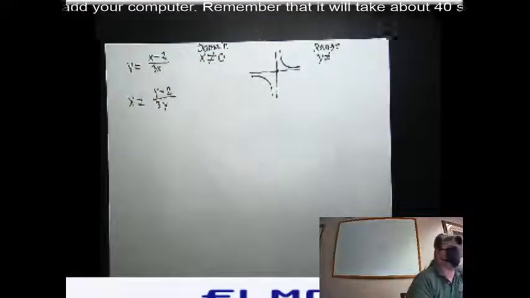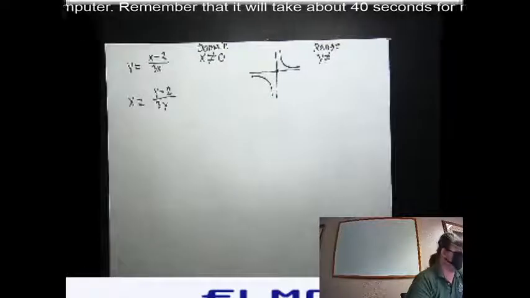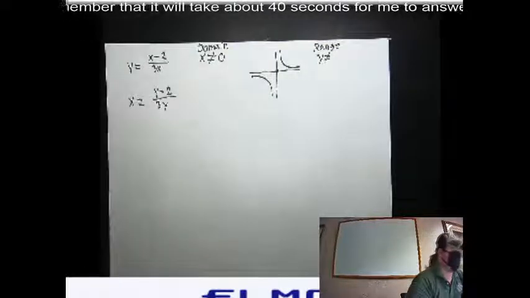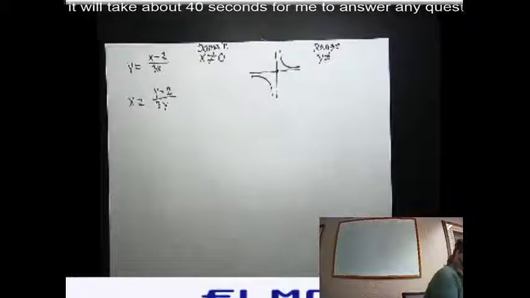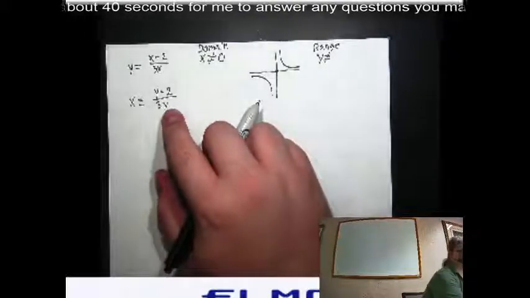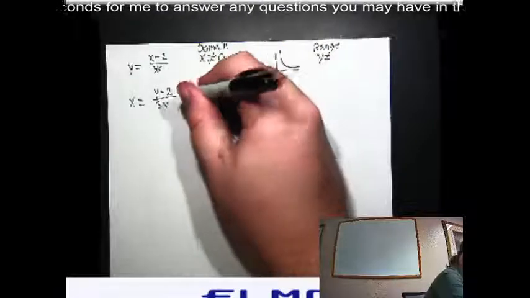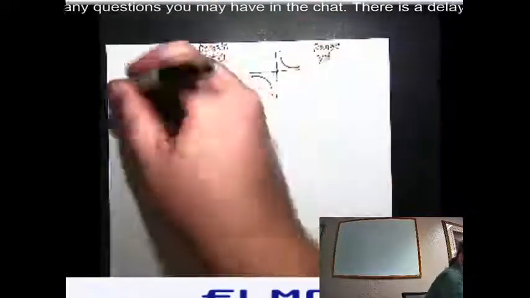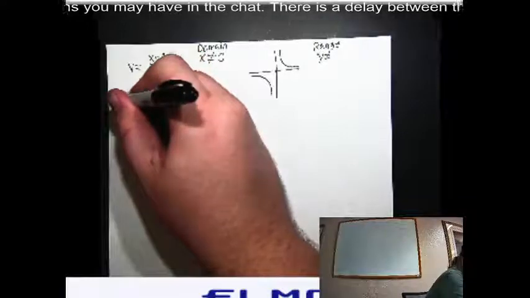Now what we need to do is solve for y. Okay. So I don't like this fraction. Let's get rid of it. So we're going to multiply this side by 3y so that these cancel. And of course, we have to do the same thing to this side.